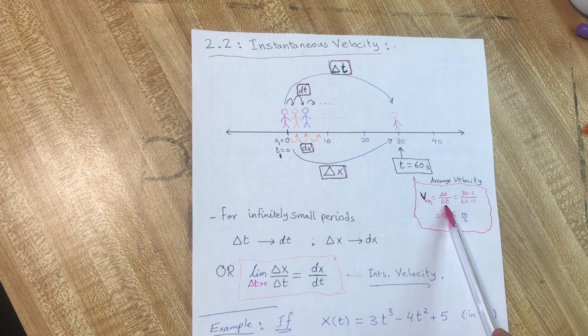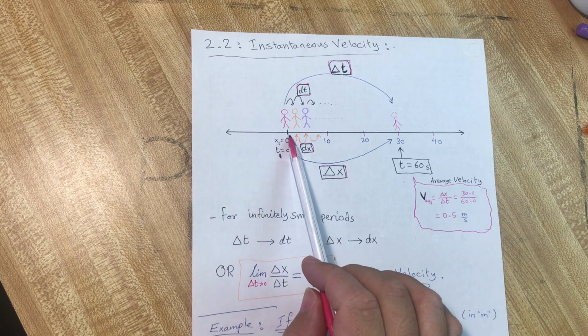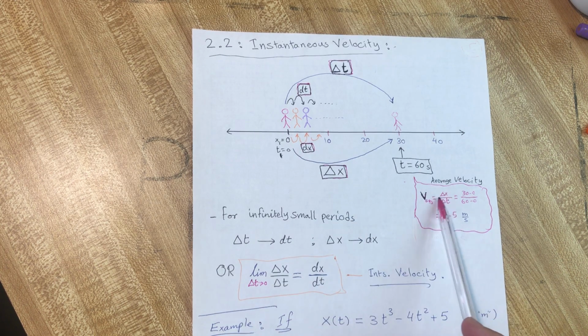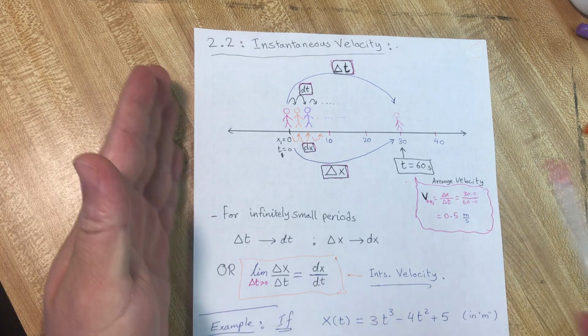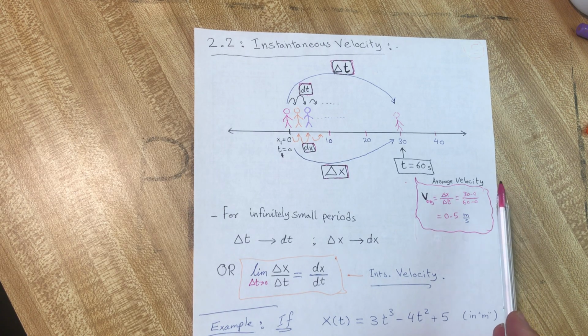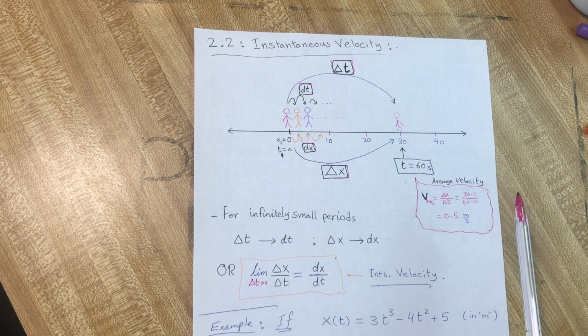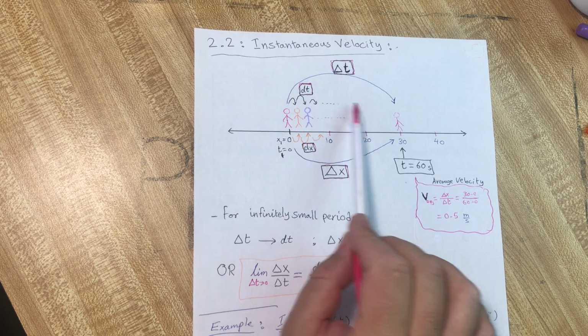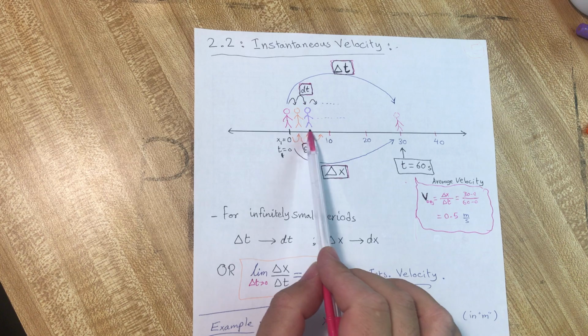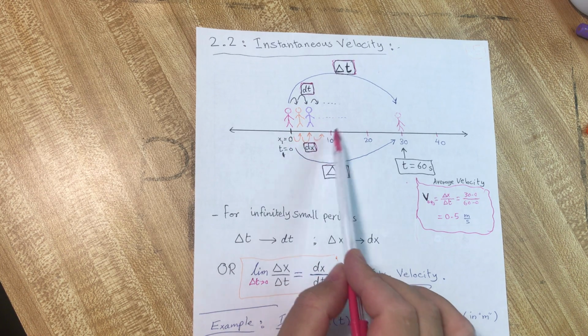Delta x over delta t, remember this notation. Delta means the change in position between two vast positions, okay? But what if we take the time or the change in position to small values?